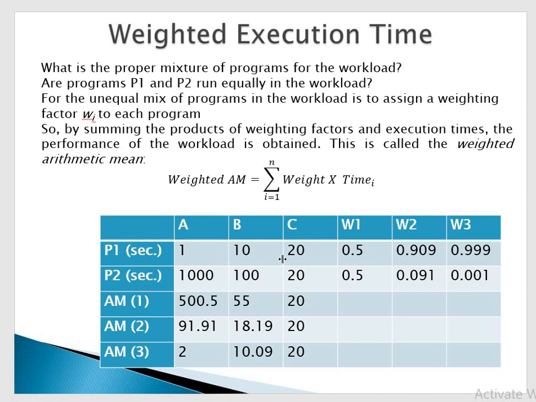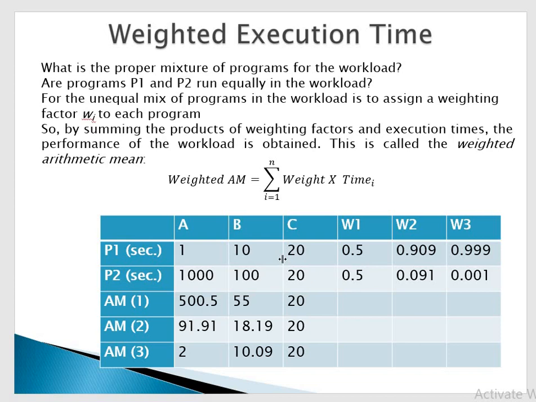Now what can we conclude from this? We can conclude that the weighing factor has its own importance. If we go with equal weight for the two different programs, then we can conclude that computer C is the fastest one and computer A is the slowest one. But if we go with the weighing factor 2, then computer B is the fastest one and still A is the slowest one.